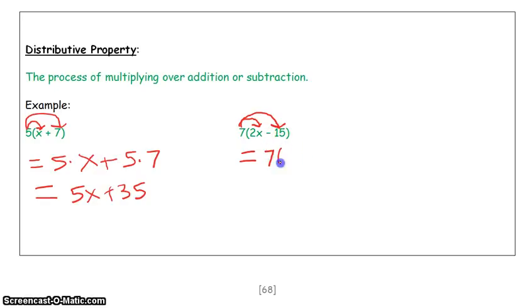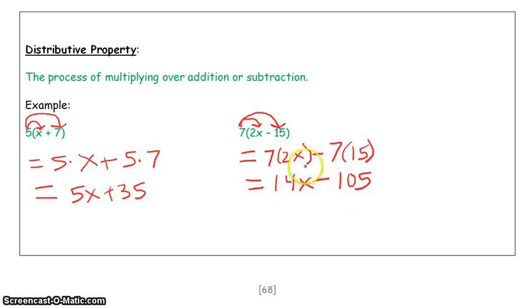So we will have 7 times 2x. We'll bring down our minus sign. We will have 7 times 15. 7 times 2x is 14x. We bring down our minus sign. 7 times 15 is 105. These are not like terms, so we're done.